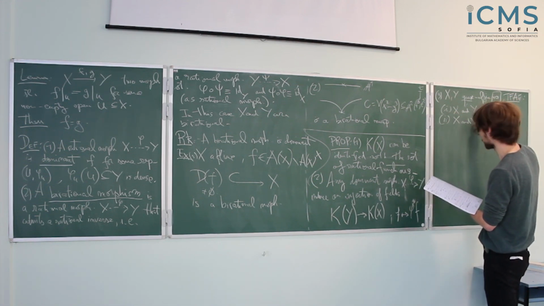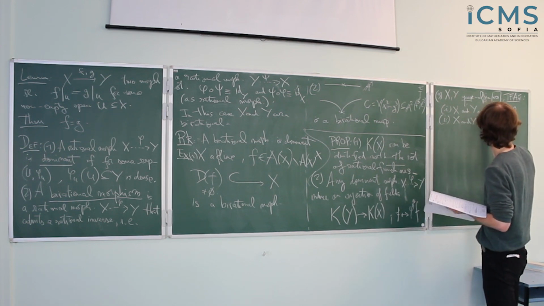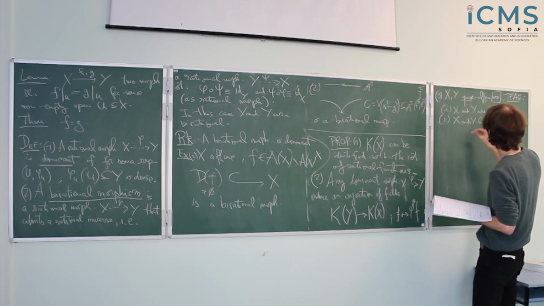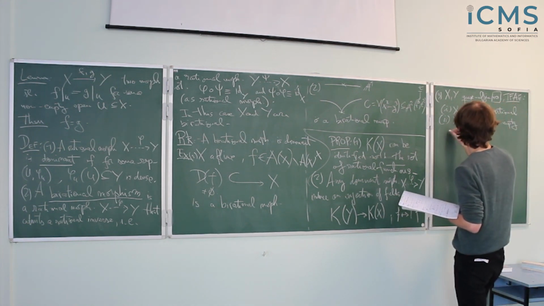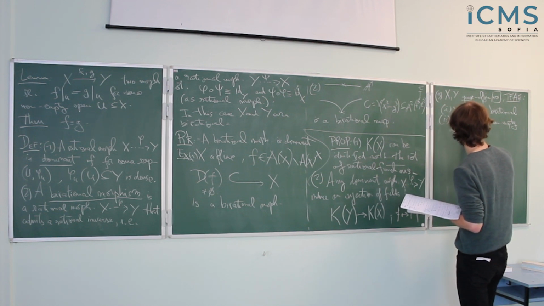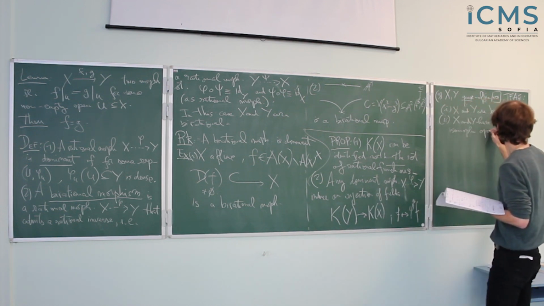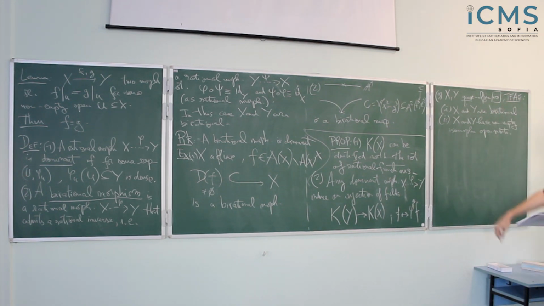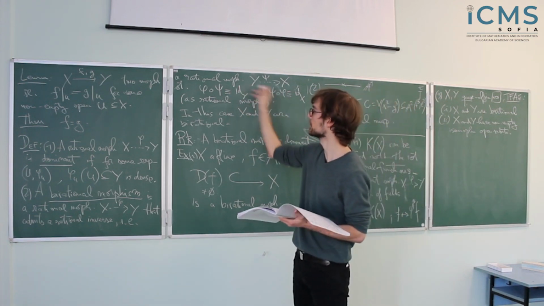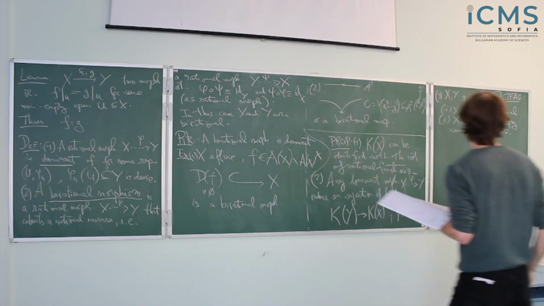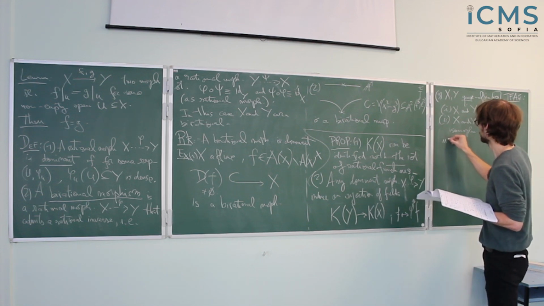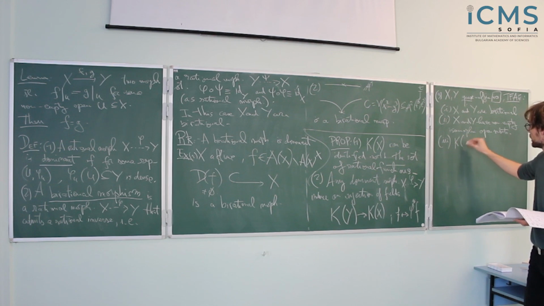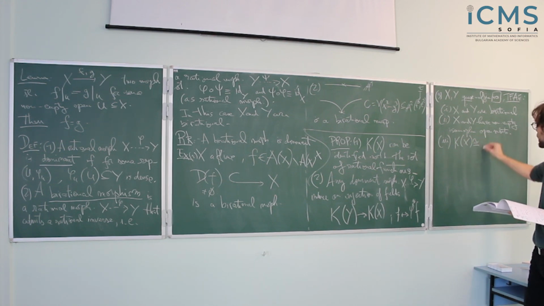X and y have non-empty isomorphic open subsets. This is probably just a translation of what's happening inside this equivalence class here. But mainly, the conclusion, which is very interesting, is that k of x is isomorphic.